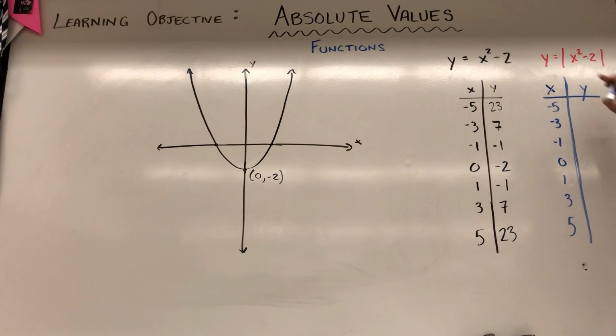And y is equal to the absolute value of x squared minus 2. So it's basically equal to the absolute value of this. So it's 23. It's 7. What's the absolute value of negative 1? Positive 1. Now if I put negative 1 in here, negative 1 squared, 1, minus 2 is negative 1. What's the absolute value of negative 1? 1. 2, 1, 7, 23.